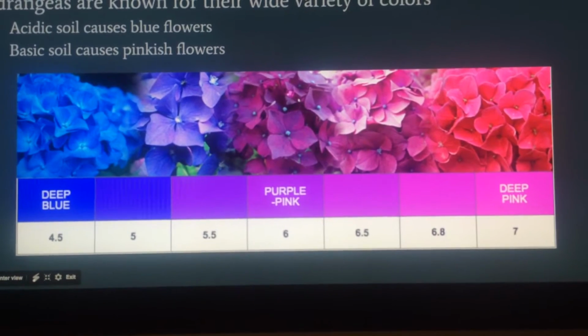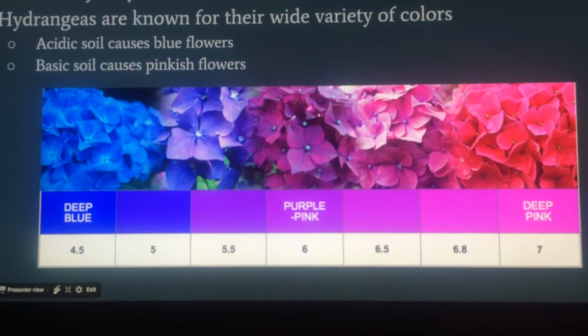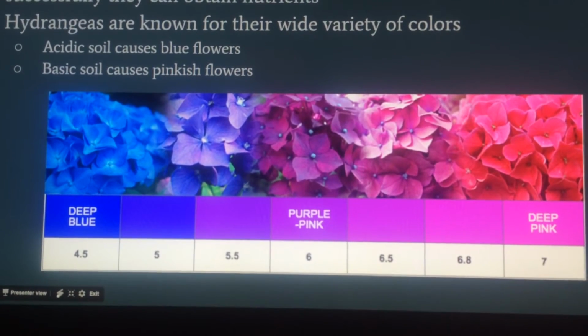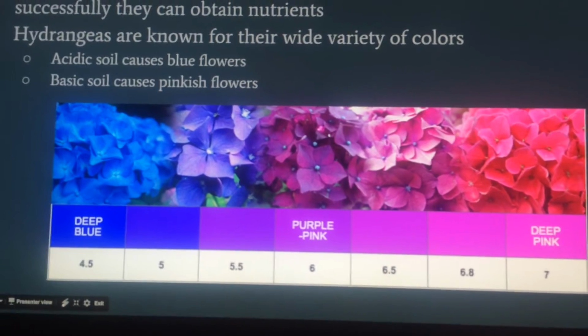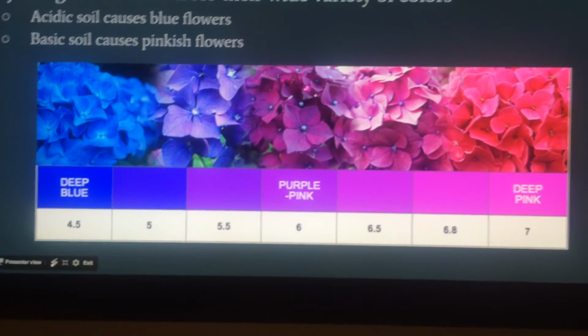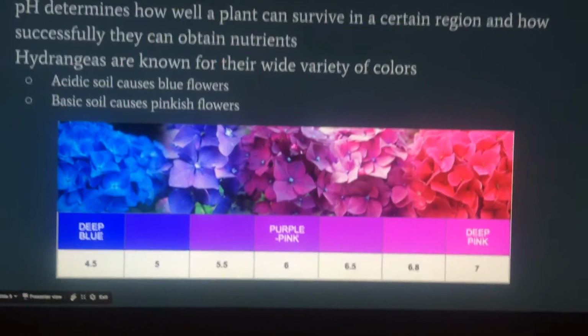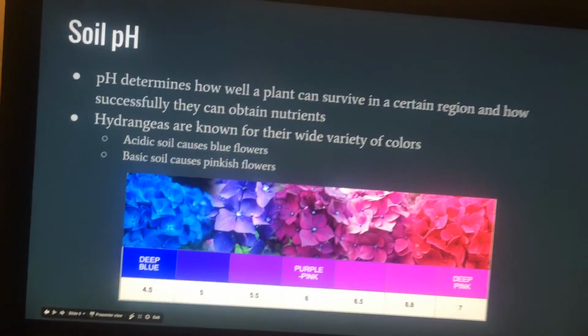But the more basic you get, you start getting this purple, and then this purple pink, and then you're down to this deep pink at a pH of 7, as we know is the neutral equivalence point in pHs.